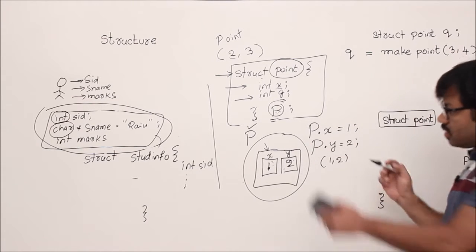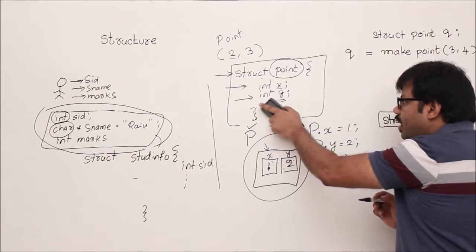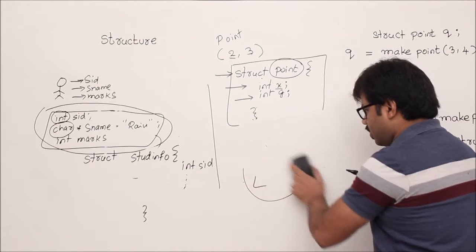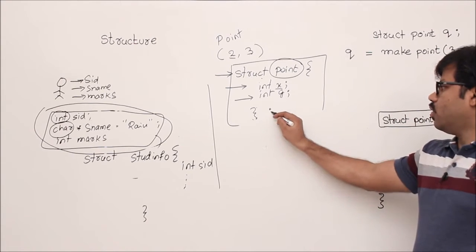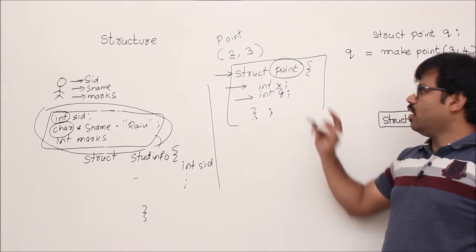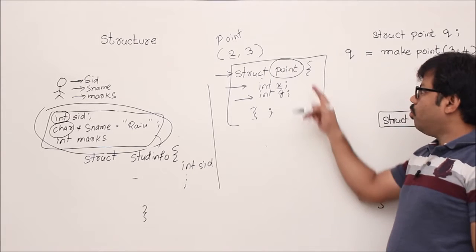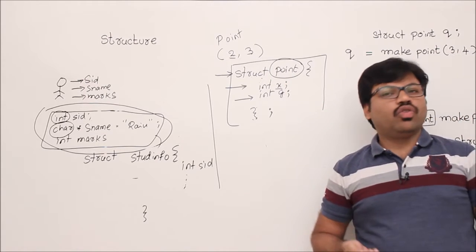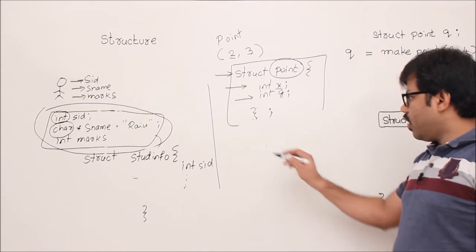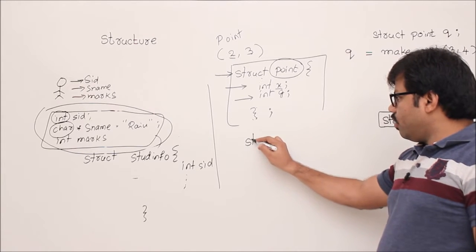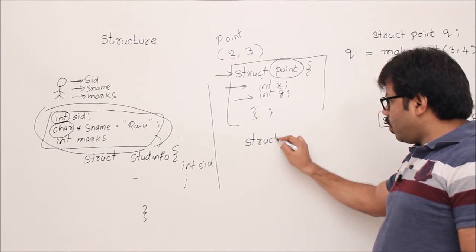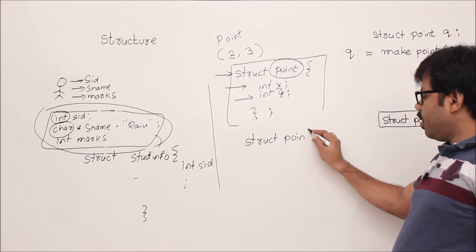Second thing, it is not compulsory to write p immediately after the declaration. What you do is first declare the data type, and close it. Now your compiler understands that point is this kind of data type. Point contains two fields, x and y. From now onwards, if you want any object of type struct point, you write struct point followed by the variable name.